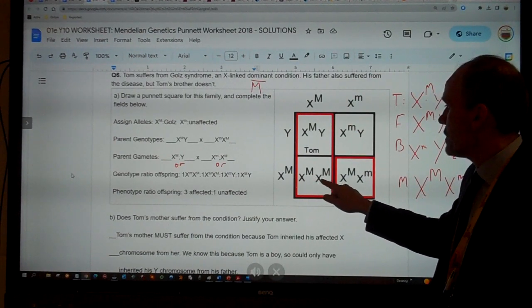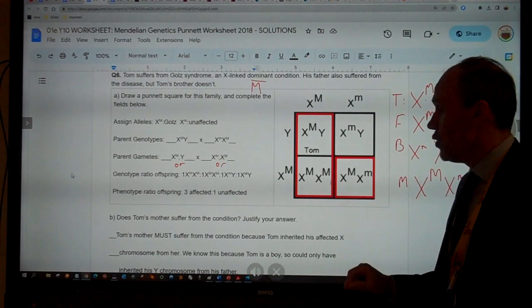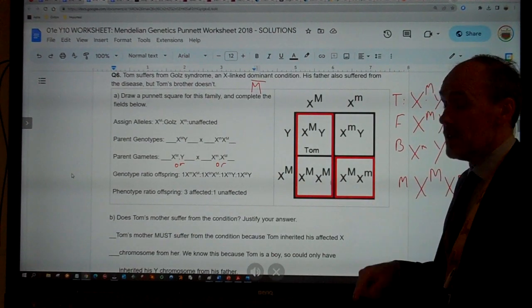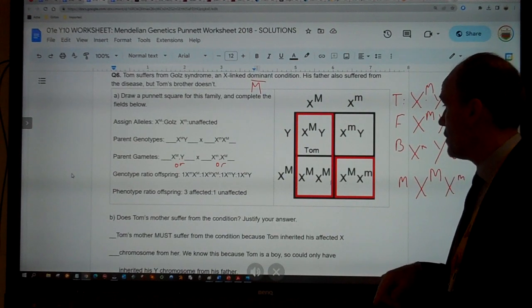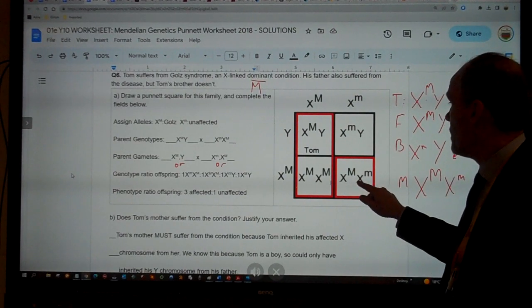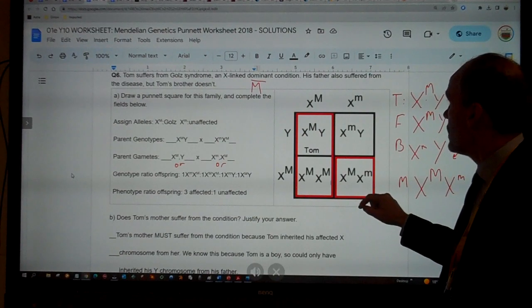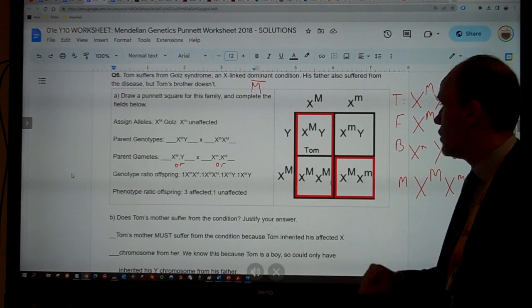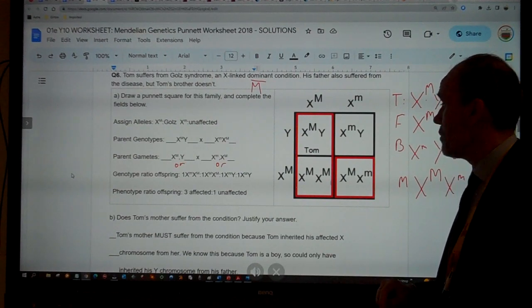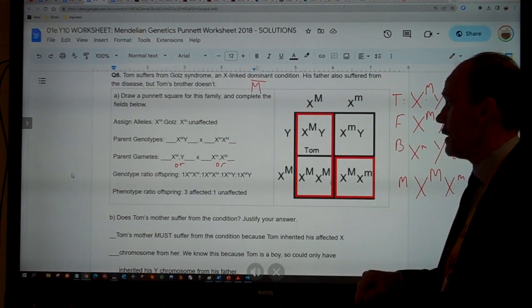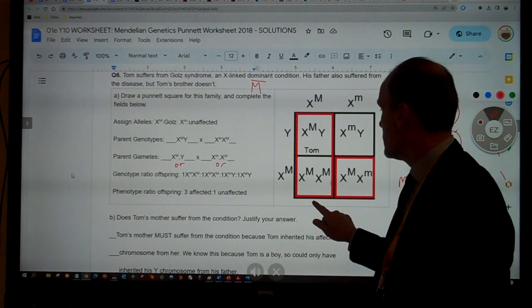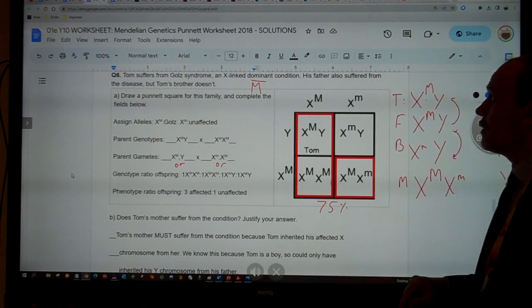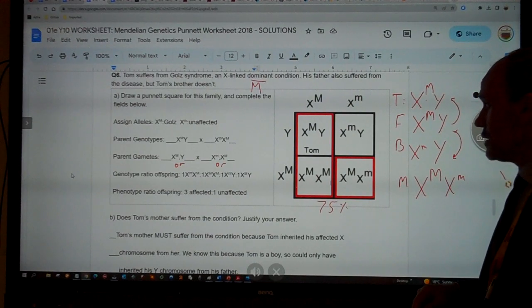X, big M, X, little m, so a daughter could happen that has the condition, and she has a double copy of the dominant condition. X, big M, X, little m could also happen, in which case this daughter would be affected. So you can see here, this is dramatically bad. 1, 2, 3 affected children. There is a 75% chance that a child born would be affected under this situation.